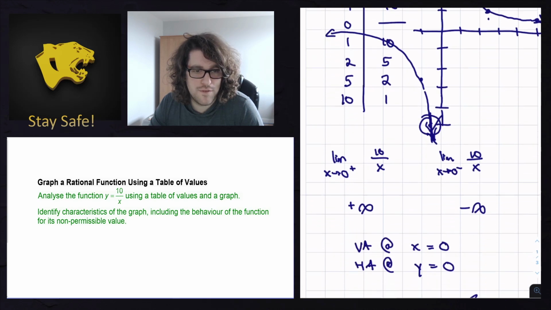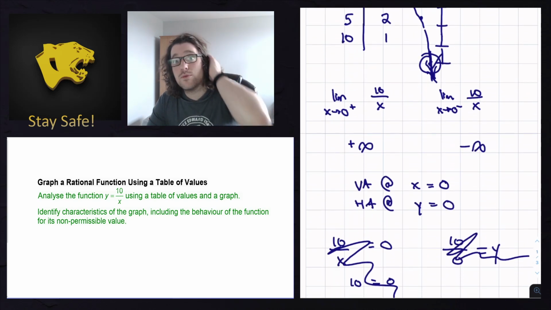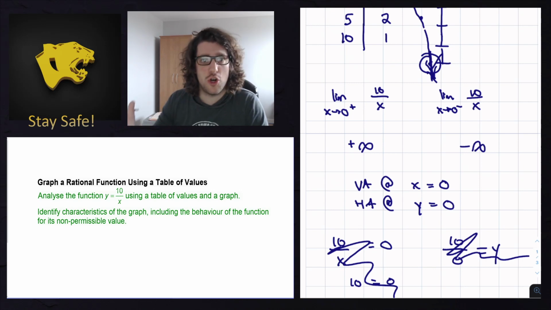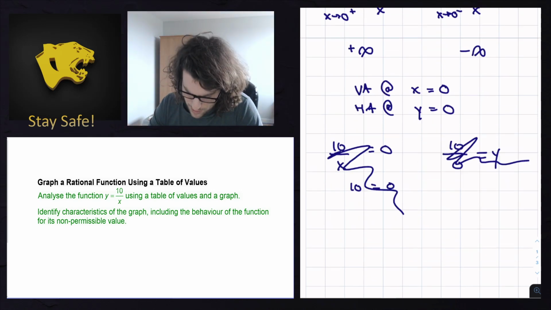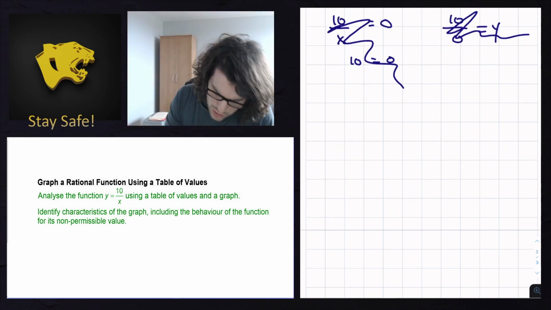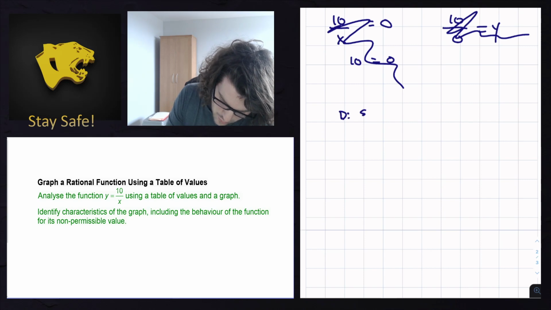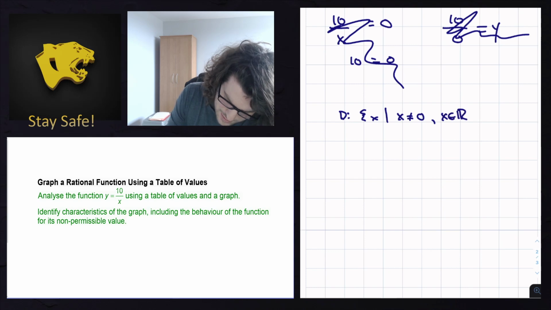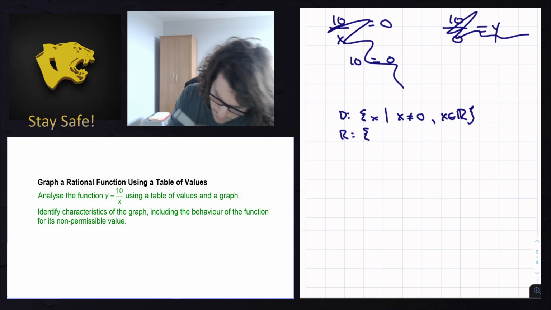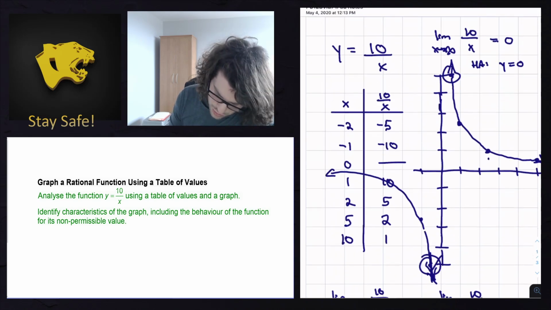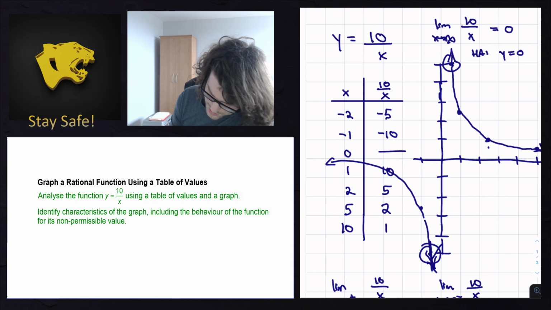So behavior of the function for its non-permissible value, well, that was a vertical asymptote, and we showed what the behavior was like coming in from the left and the right. So in terms of domain, x is not allowed to be equal to 0, but other than that, all real numbers seem to be fine. And then for the range, we have a horizontal asymptote at 0, and there was no crossing it anywhere else along this function.